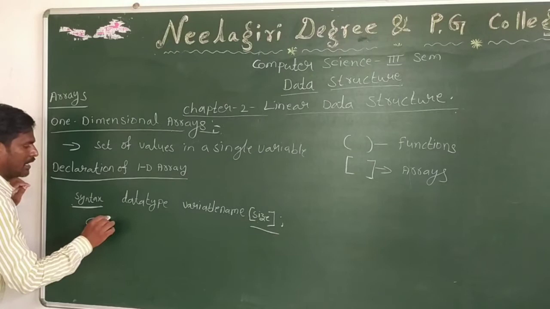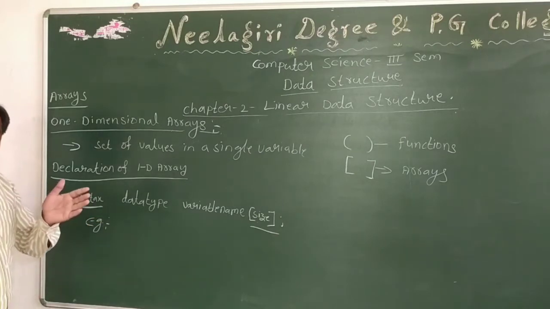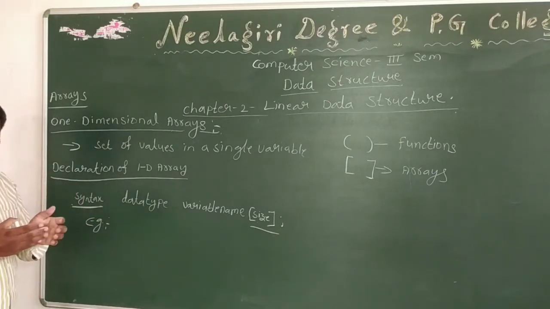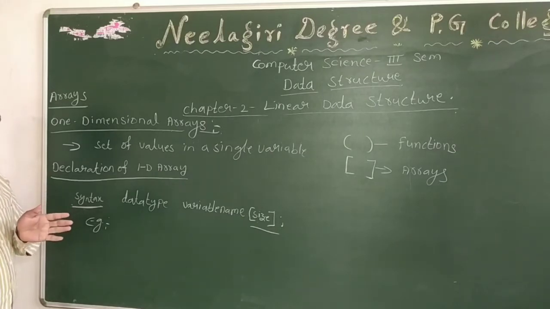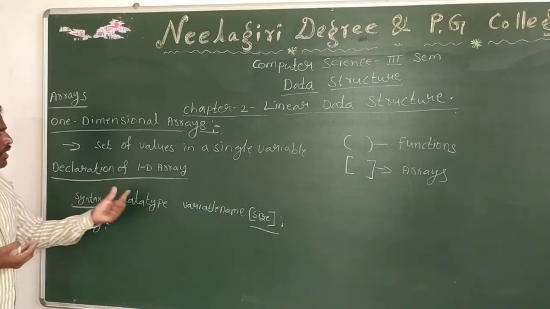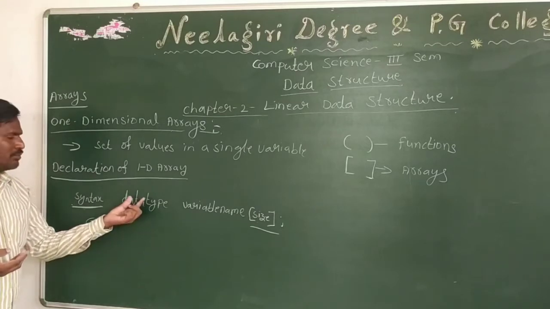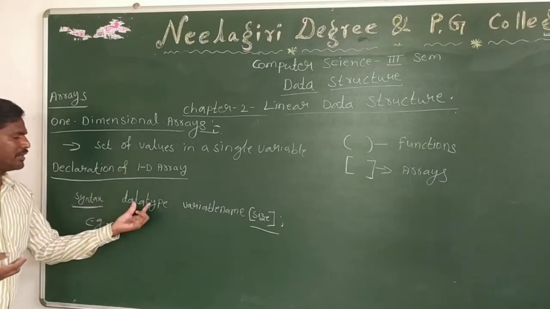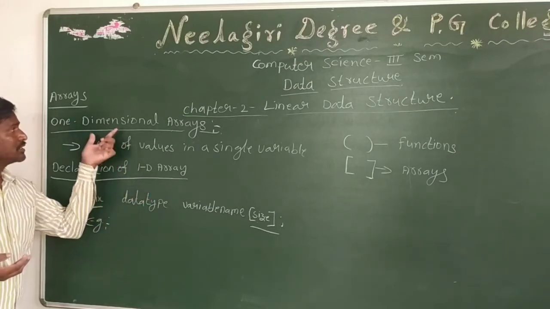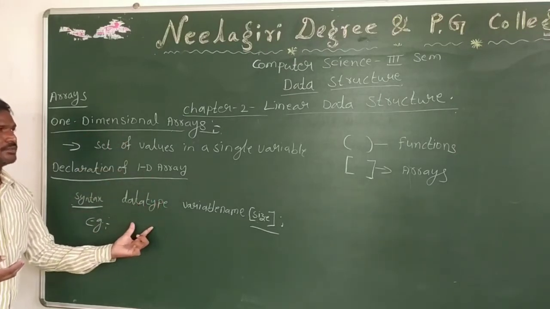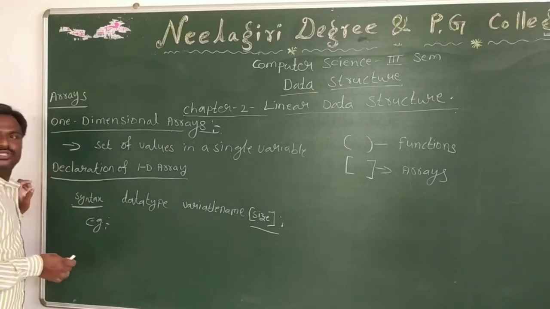We already discussed data types in C and C++. There are primitive data types and secondary data types. Whatever data type you want to use. If you discuss arrays in C language, those are C language data types, but our concept is data structures using C++.